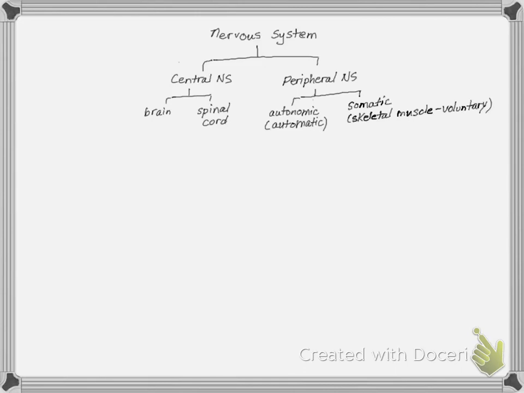Okay, so if we continue to look at the autonomic nervous system, it is split up into parasympathetic and sympathetic. Let's make this a little bit bigger.